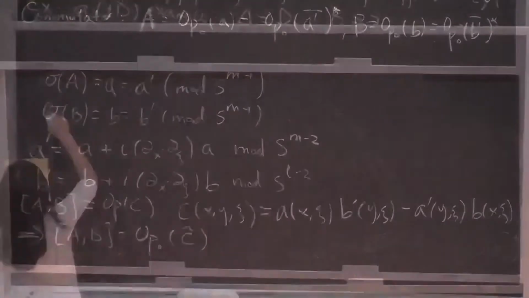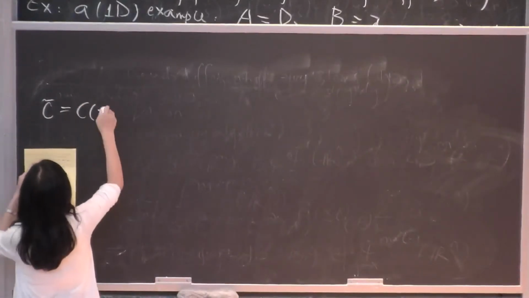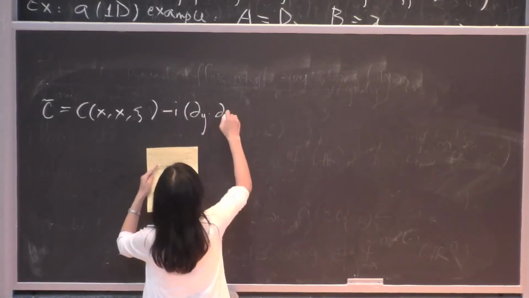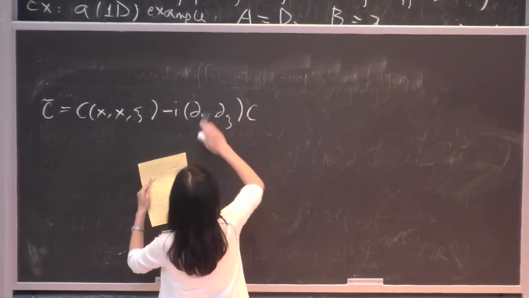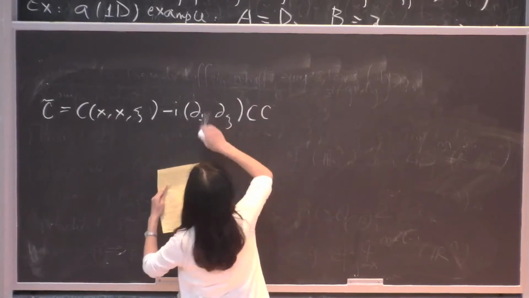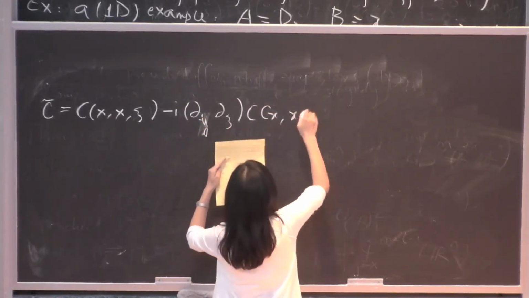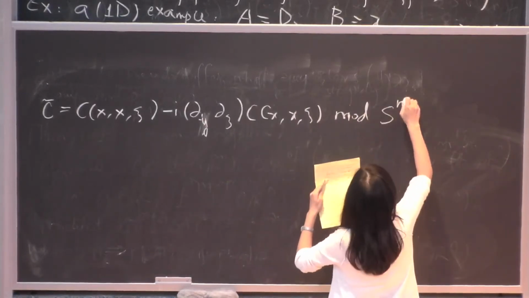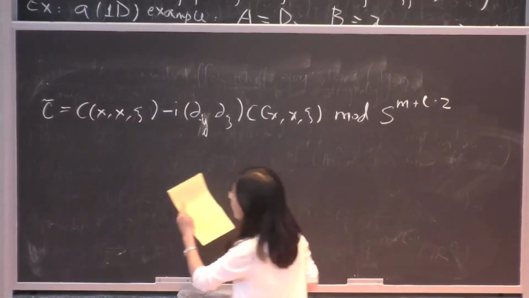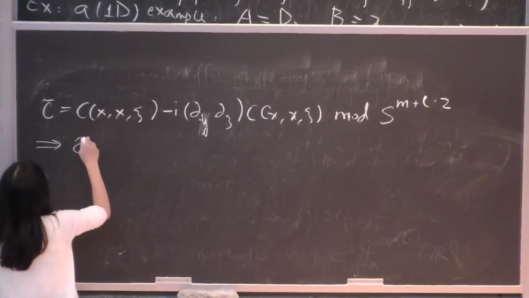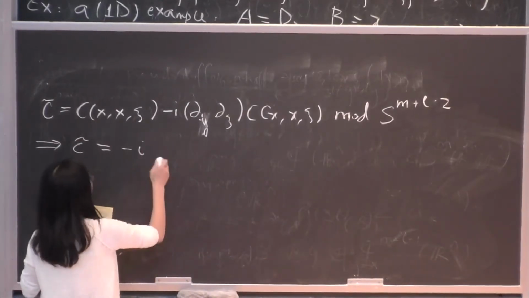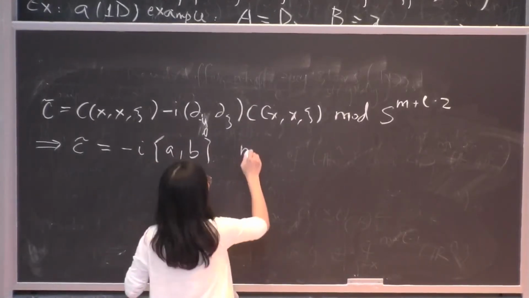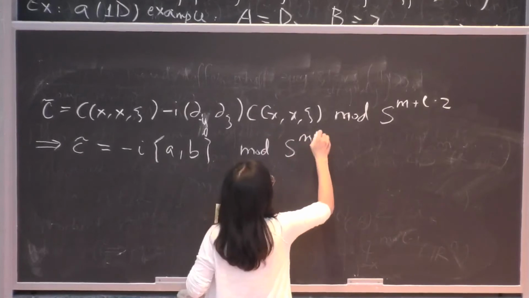And so C tilde is equal to C(x,ψ) minus i ∂_y · ∂_ψ C(x,y,ψ), again modulo lower order terms. And then you'll see that this C tilde is just given by minus i {A, B}, again modulo S^(m+l-2).